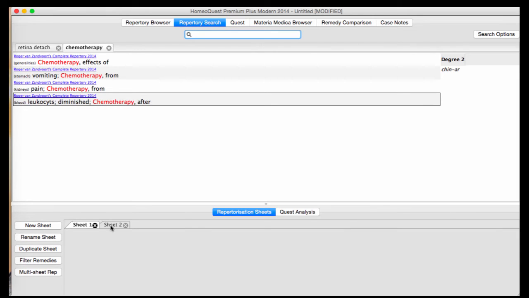Then I'll find the common remedies in those two sheets using my multi-sheet repertorization and pick the best remedy. Now, there could be a possibility where you do not have one common remedy in the mentals and the physicals, and that's fine.